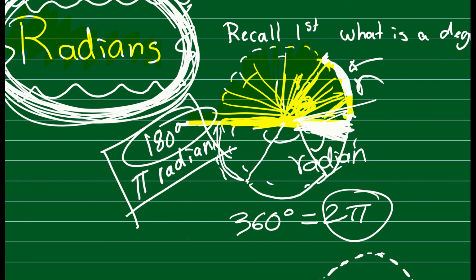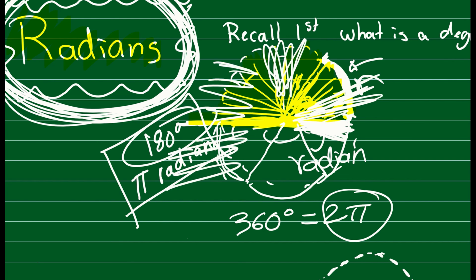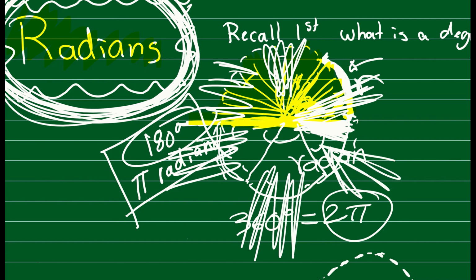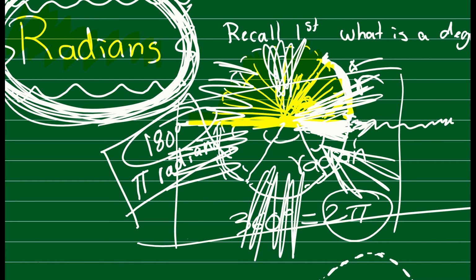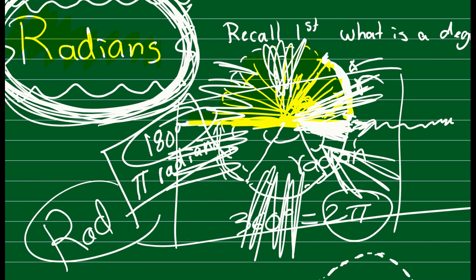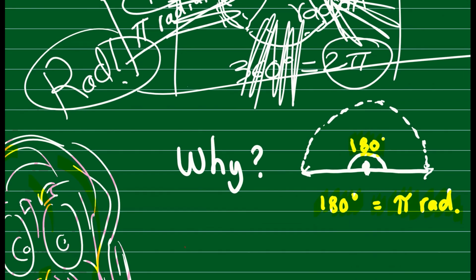So 6 little wedges: 1 radian, 2 radians, 3, 4, 5, 6 radians, and my little fractional part. Ta-da! This should be a work of art. I will call it rad. Radians. So that's what a radian is.